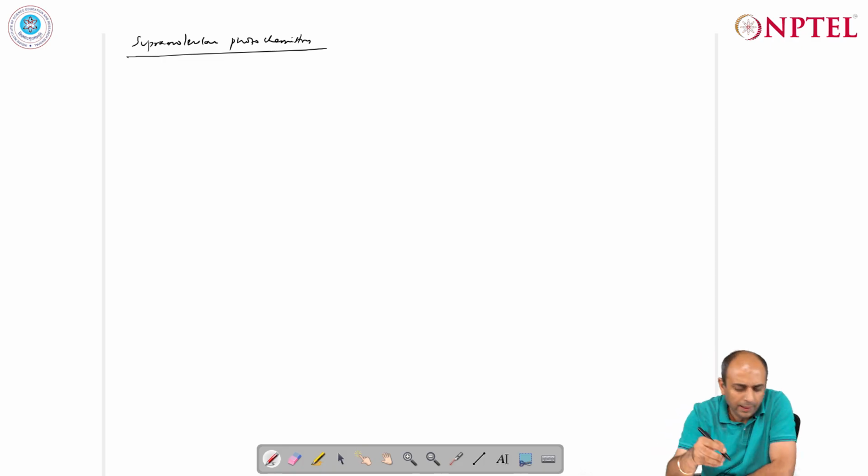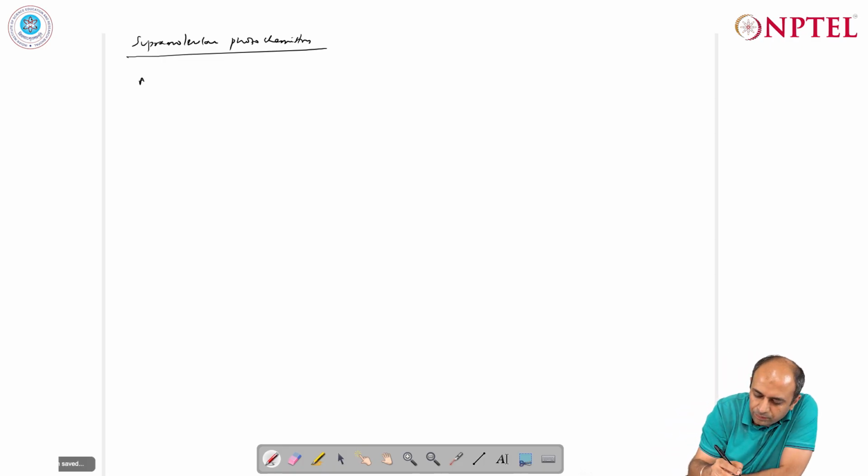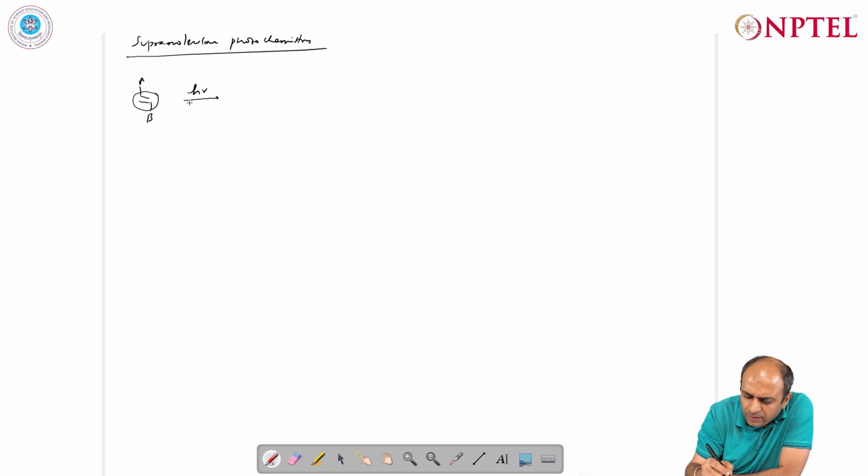So to start with, if we consider a molecule AB which has a double bond, and if we shine light, then in solution a large number of isomers can form.